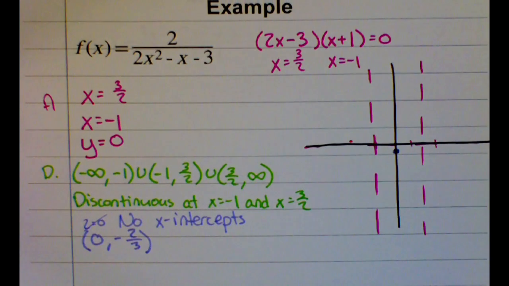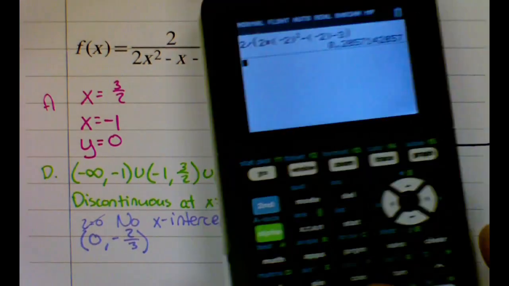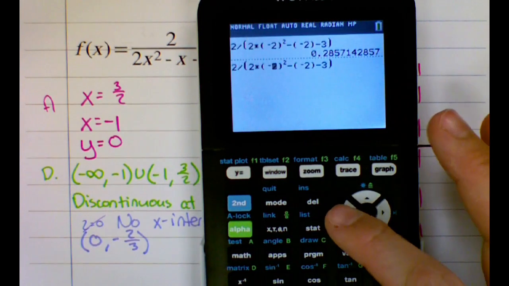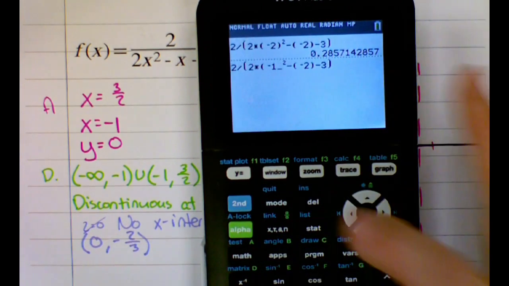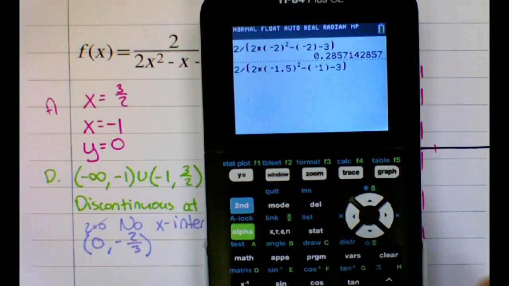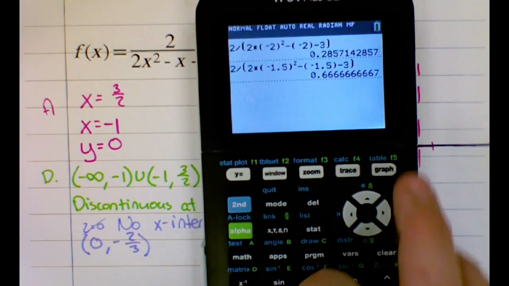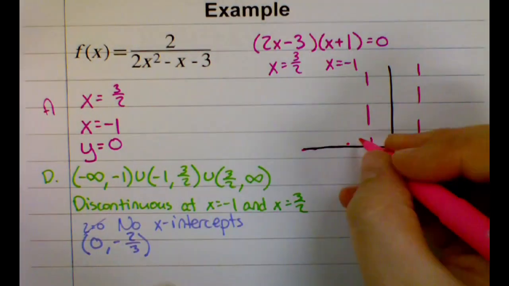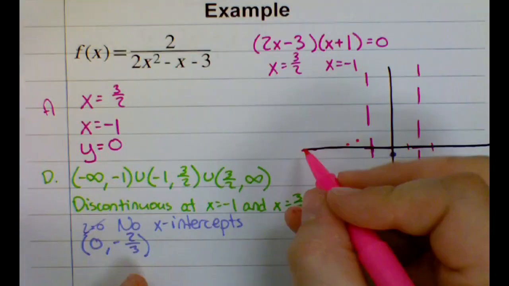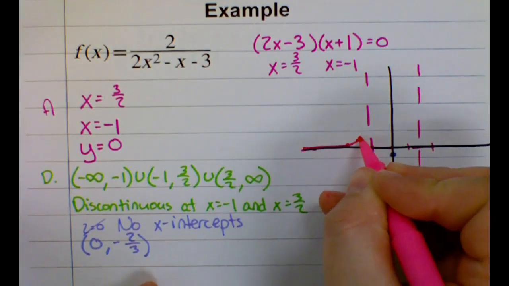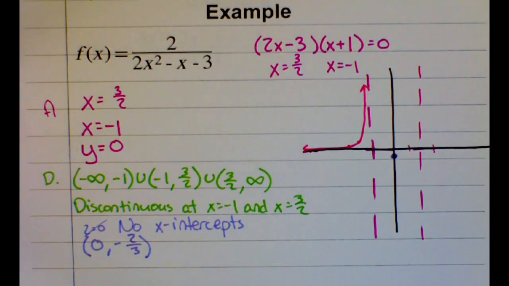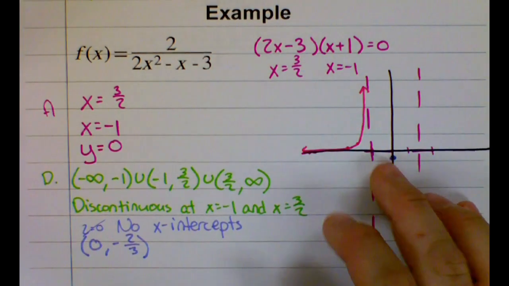Okay, to be sure, let's try negative 1.5. Second entry, so I don't have to retype the whole thing. 0.66666. That's higher. All right, that right there tells me this graph is most likely going like that.